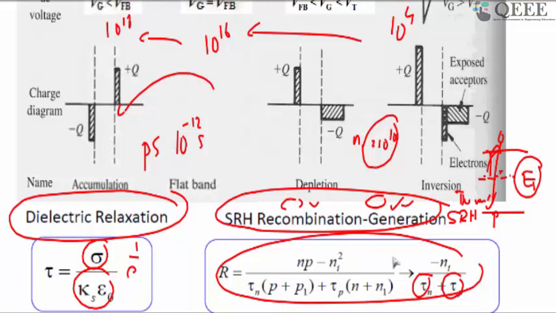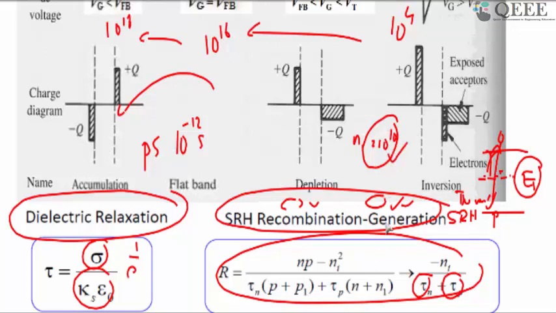So there will be more generation, and this is supplying the electrons for inversion. In a MOS capacitor, these electrons come from these events. They are being generated inside. The amount of generation depends on the temperature and everything, but it is beyond the thermal equilibrium values.